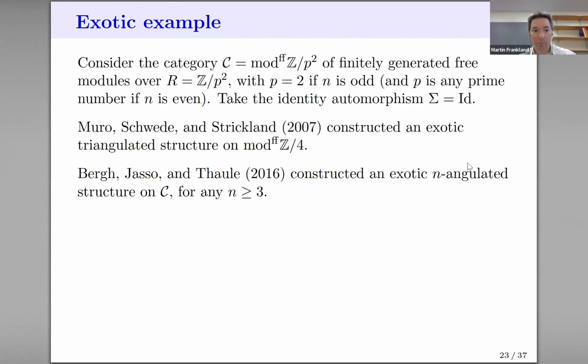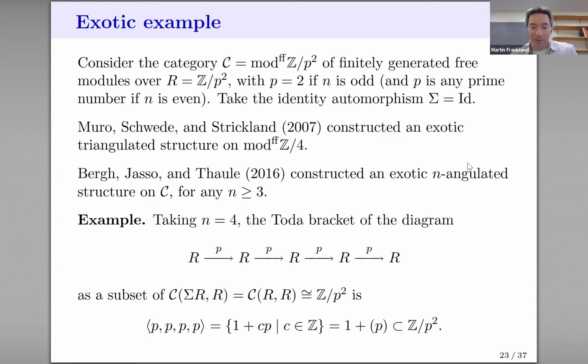And Peter Berg, Jasso, and Marius Thaule generalize this construction. Well, maybe I shouldn't say generalize because there's no obvious notion of being a topological n-angulated category. So they just constructed some analogous exotic n-angulation that is not algebraic. And it's fairly similar in its construction.